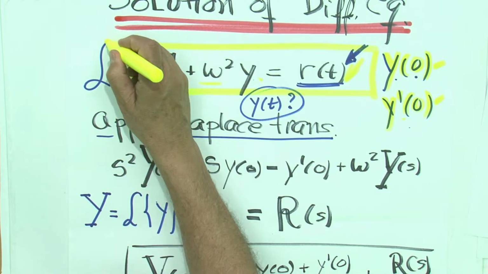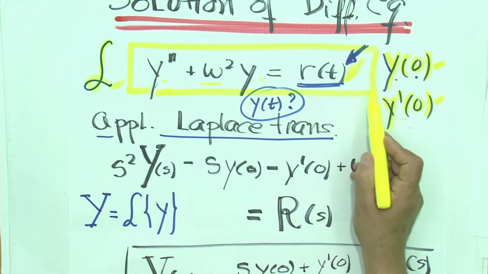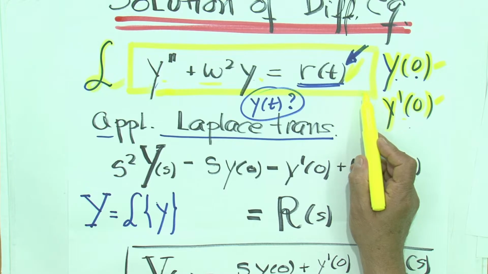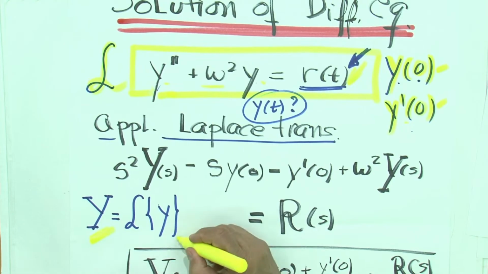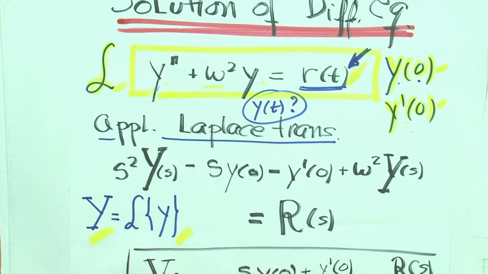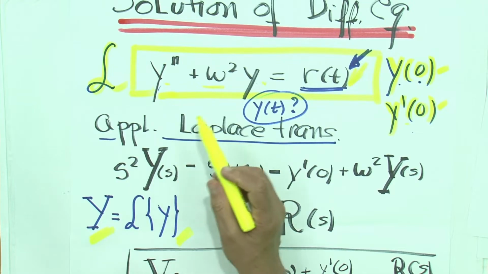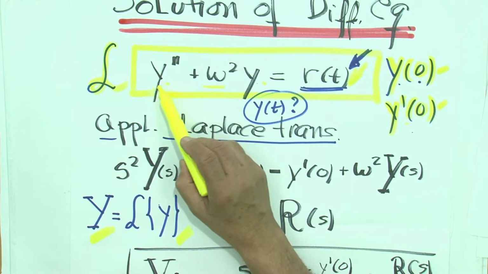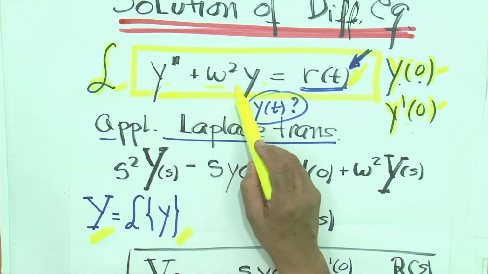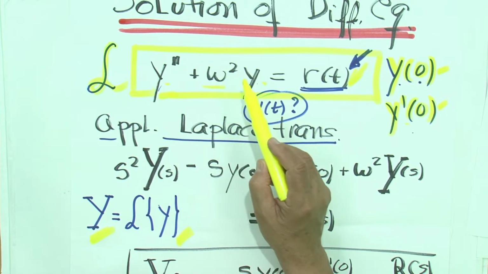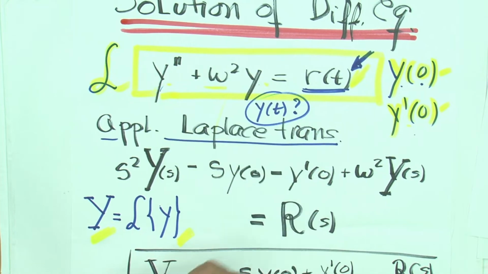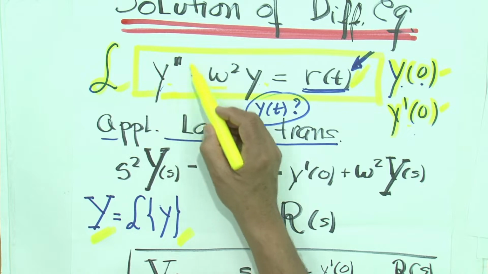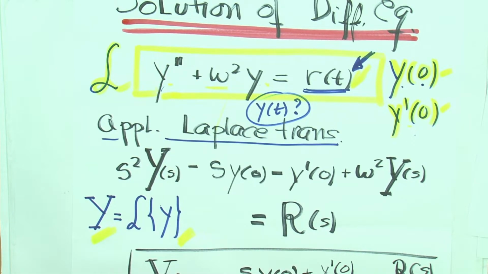Very well. We're now going to take the Laplace transformation of the whole equation. And we're going to name it capital Y, the Laplace transform of this small y function. So since we learned that the Laplace transform of an addition of two functions is the addition of the individual Laplace transforms of each function, first we need to take the Laplace transform of the second derivative of the function.